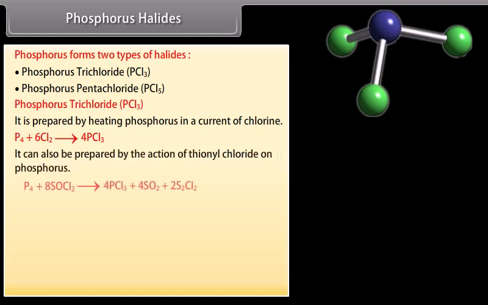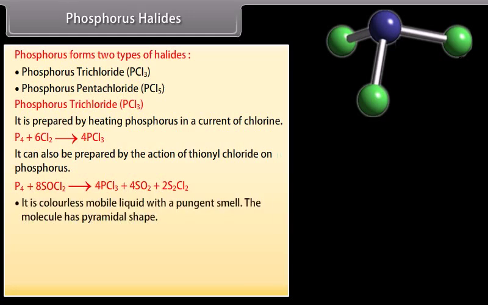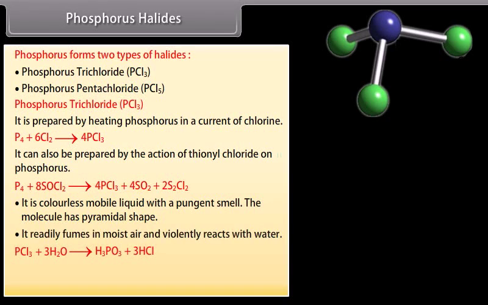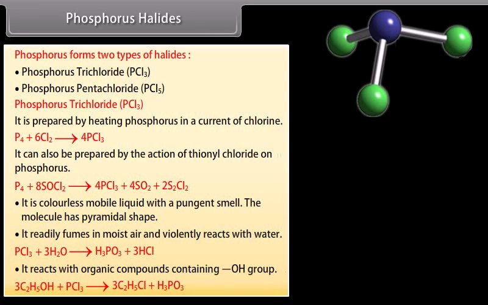It can also be prepared by the action of thionyl chloride on phosphorus. It is a colorless mobile liquid with a pungent smell. The molecule has a pyramidal shape. It readily fumes in moist air and violently reacts with water. It reacts with organic compounds containing an OH group.